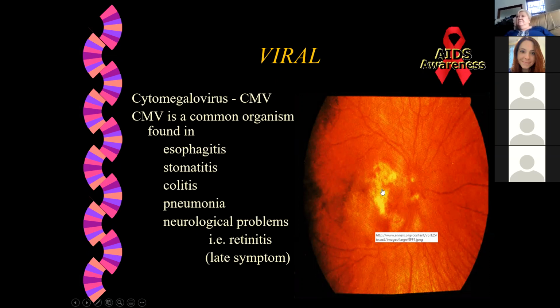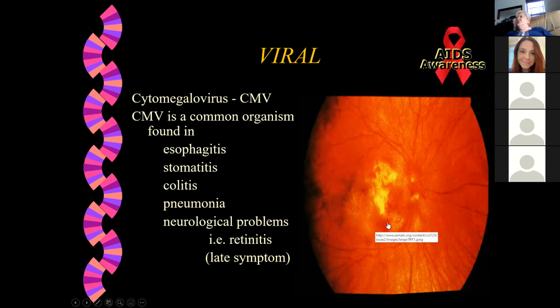I've had several patients, and students have had these patients. The ophthalmologist will come in and inject an antiviral into the patient's eyeball, trying to clear up this retinitis in the hopes that the patient doesn't go blind.